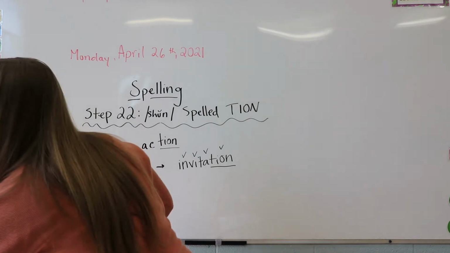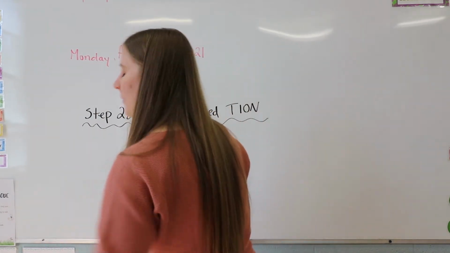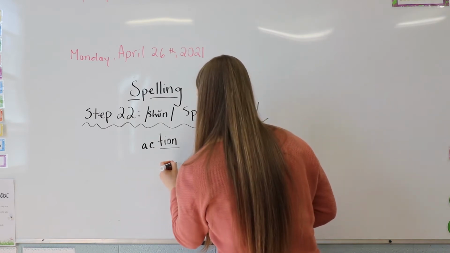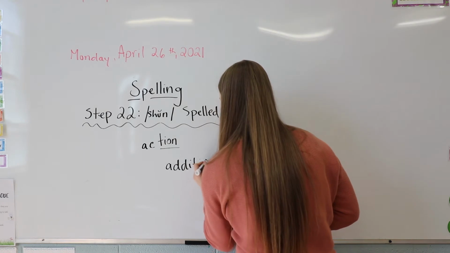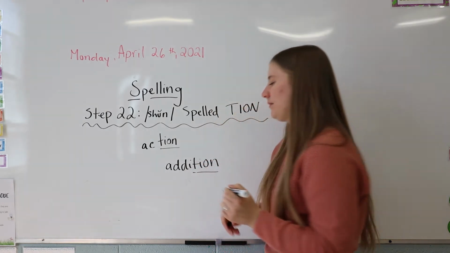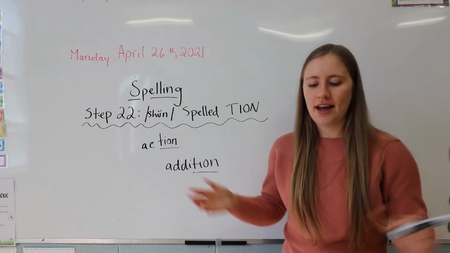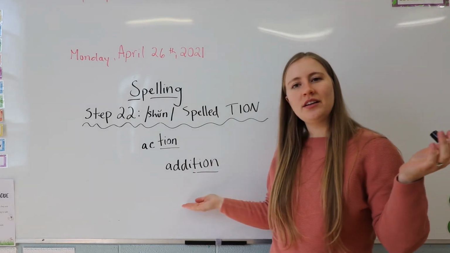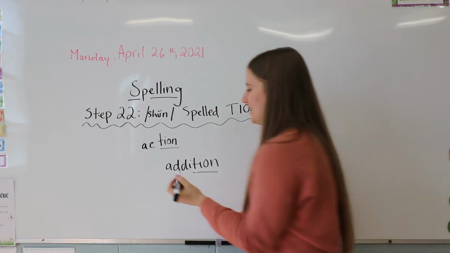So what about a word like addition? So that has our T-I-O-N, the T-I-O-N that is making our shun sound. And do we know that there's a smaller word in addition? Let's think about that. Yes.